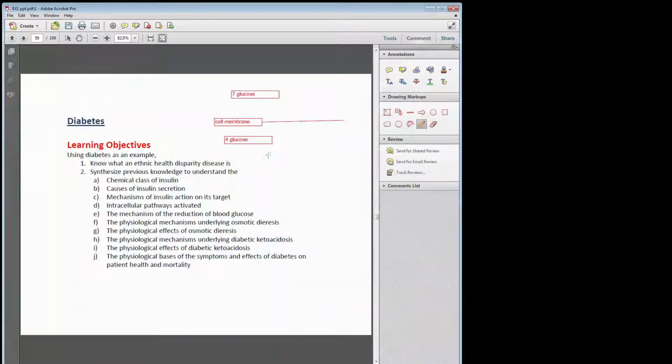We'll basically have water go shooting out of the cell to equalize the osmolarity. Water shoots out of the cell to try and equalize the osmolarity, make it equal to outside of the cell.